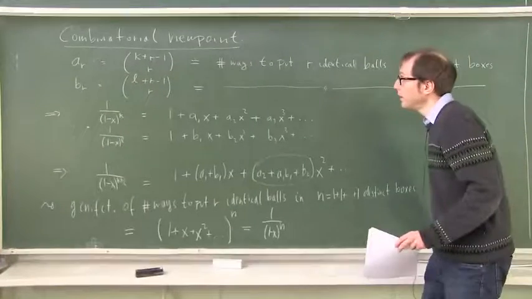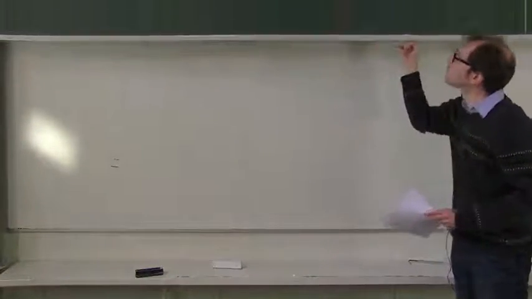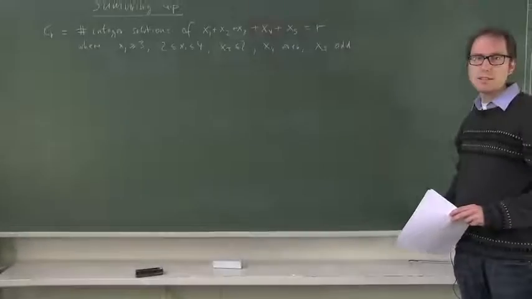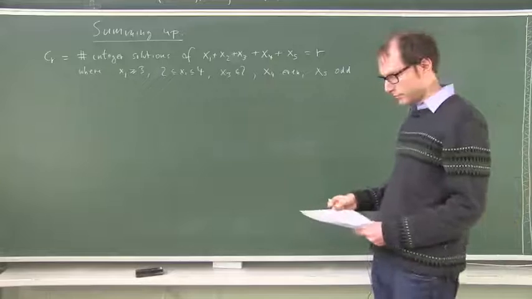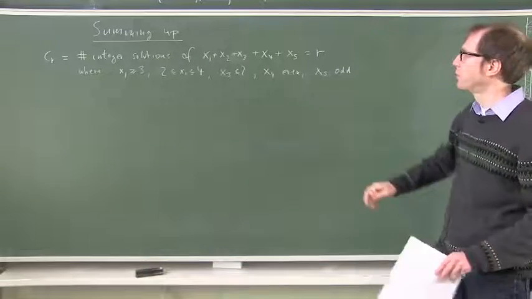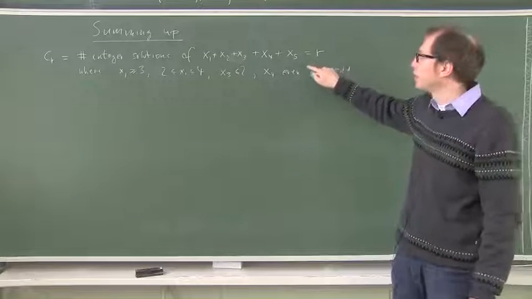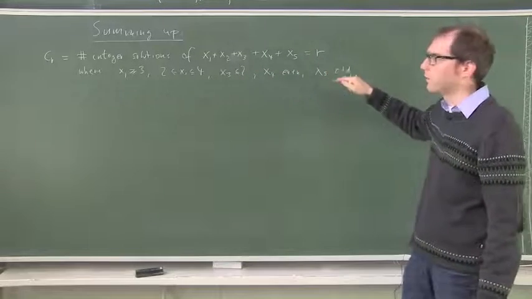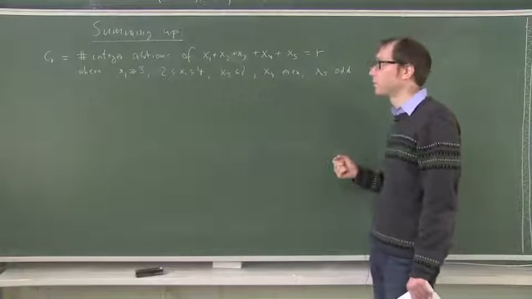Okay, so here is kind of a summarizing example. Namely the following. We want to compute the number of integer solutions of the following equation: x1 plus x2 plus x3 plus x4 plus x5 equal to r. Now we have some conditions, which make the problem more interesting.